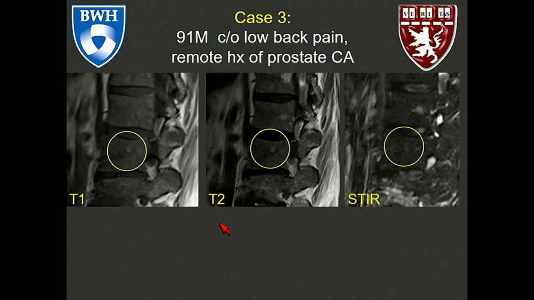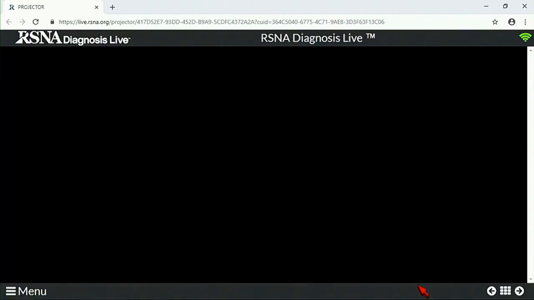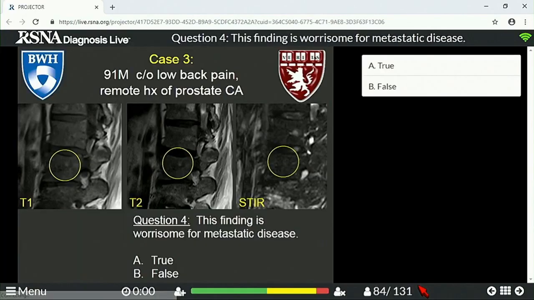And the outside oncologist wanted us to know if we needed to biopsy this. So the question is, is this finding worrisome for metastatic disease? You guys can flip a coin to get the best chances here.